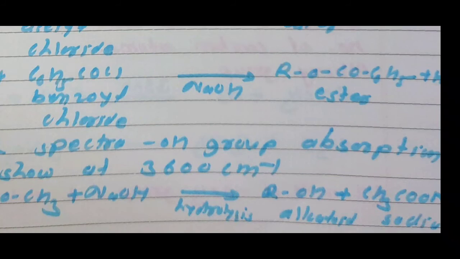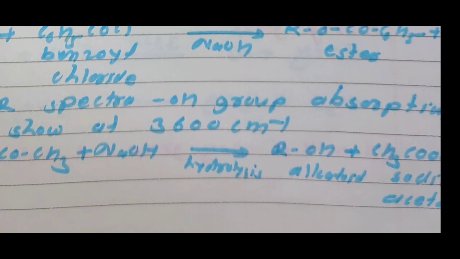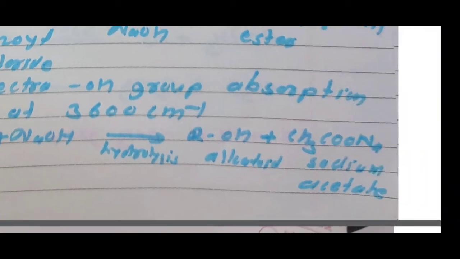Therefore, I am showing the reaction here. ROCOCH3 plus NaOH, hydrolysis. Hydrolysis is nothing but addition of water molecule. Therefore, formation of alkaloid, that is ROH plus sodium acetate, that is CH3COONa. Here 1 mole of OH group is equal to 1 mole of NaOH.